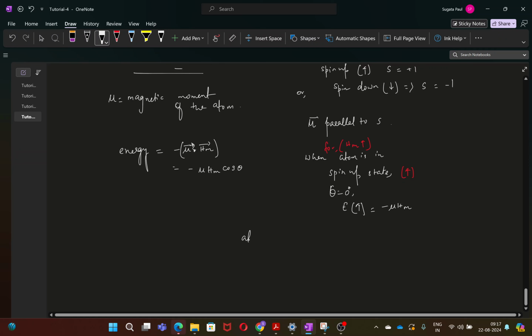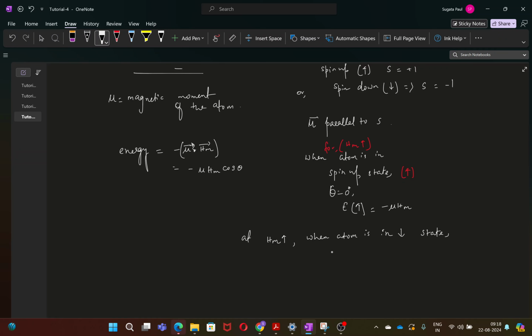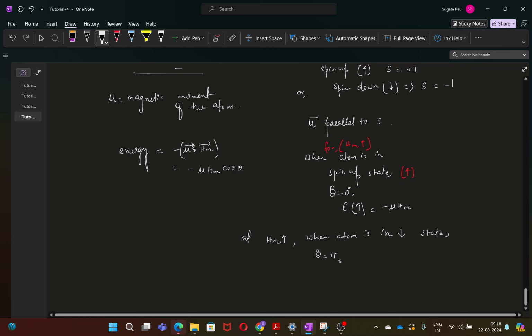Now at this upward directional field, when the atom is in spin down state, that means your magnetic moment, which is related to the spin, will also be in the downward direction. So it will be making an angle of 180 degree with the upward directional field. So the theta value will be pi, and cos pi is minus 1.